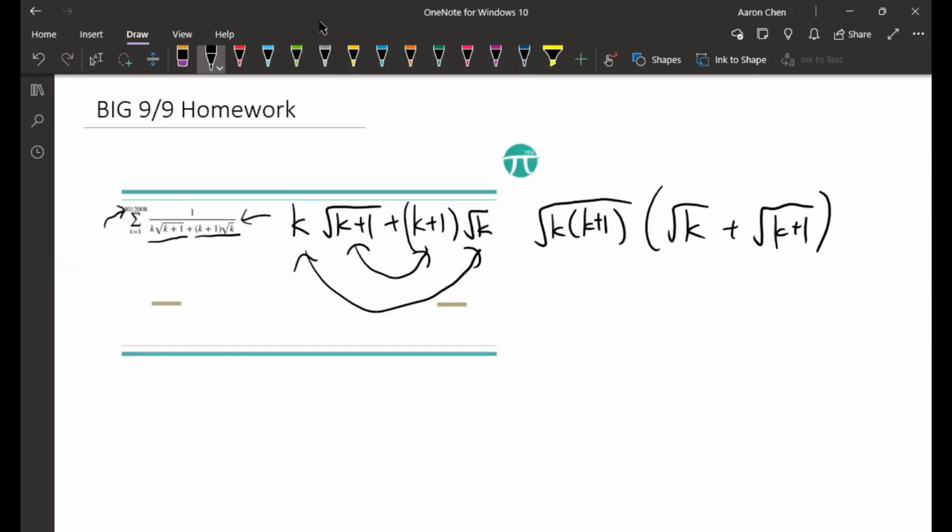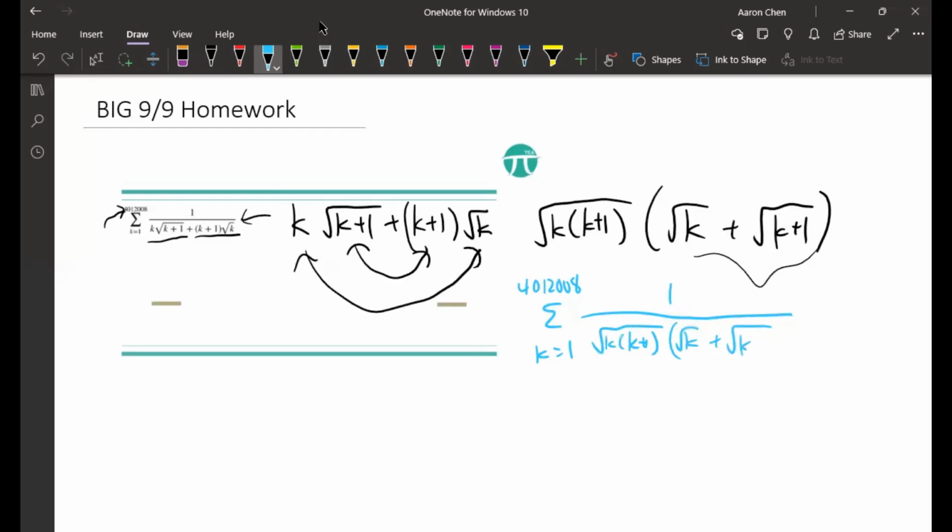And this looks like a good step for telescoping, solely because you now have just a sum of square roots. So you're now trying to find the sum from k equals 1 to 4,012,008 of the reciprocal of the square root of k times k plus 1 times the square root of k plus the square root of k plus 1.